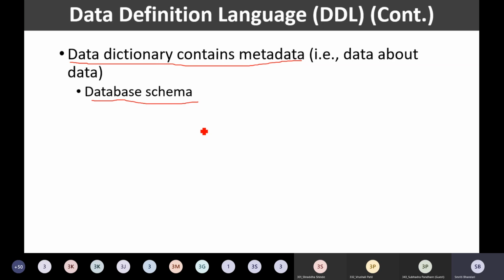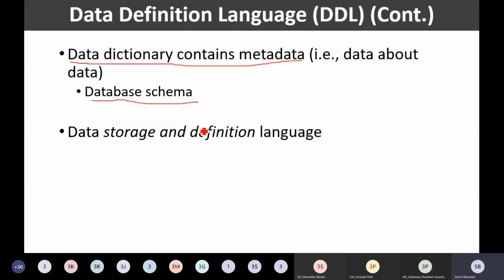Whatever tables I have created, whatever constraints I have provided, all these definitions, all this data about data, that is the metadata, is stored in the data dictionary. How we are going to look at this, we will see later, but just remember these concepts right now.